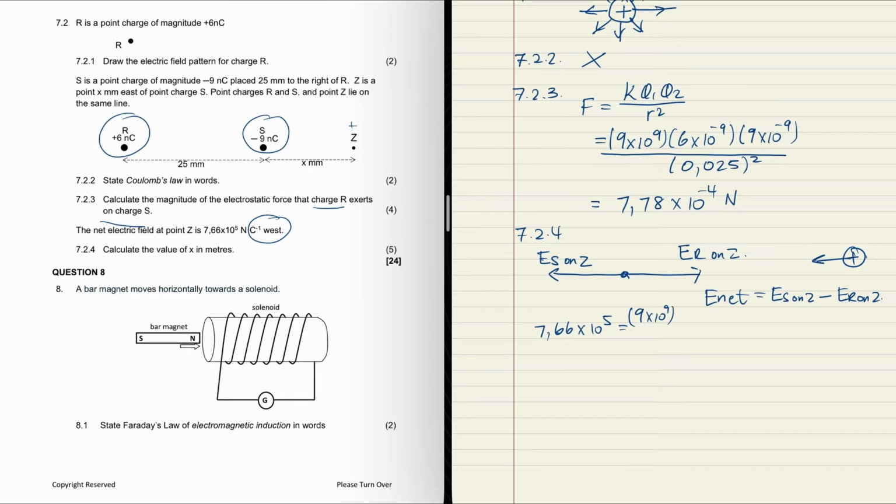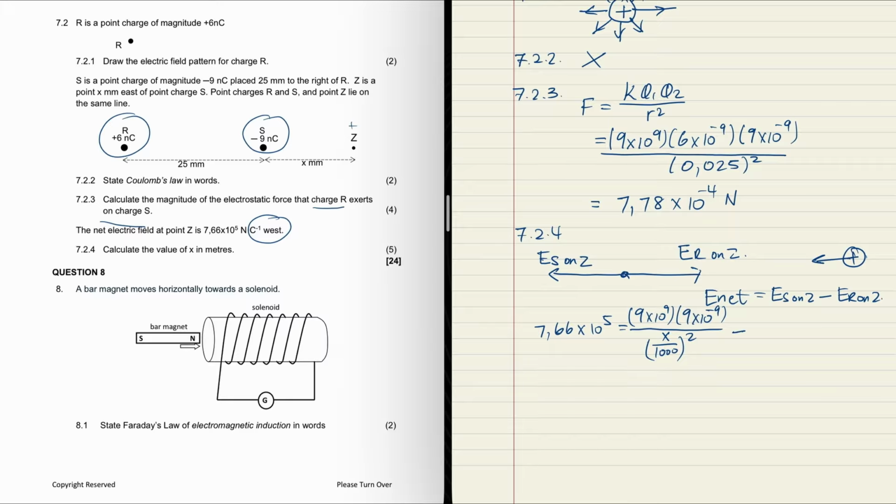Then the charge of S is minus 9 nanocoulombs. We're just going to put 9. So 9 times 10 to the minus 9 divided by the distance between S and Z, which is X millimeters. So we're going to convert that. So that's going to be X over 1,000 all squared, because we want that in meters.